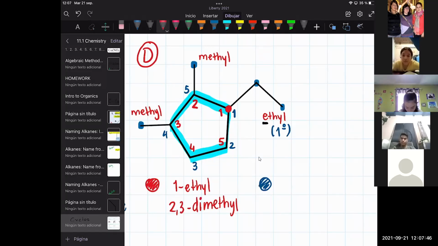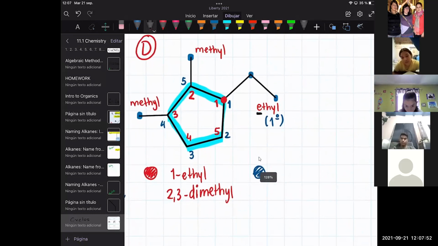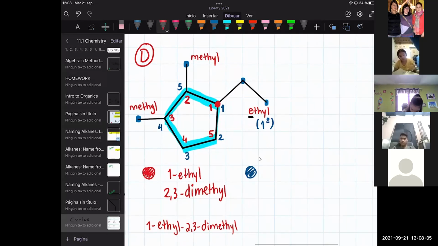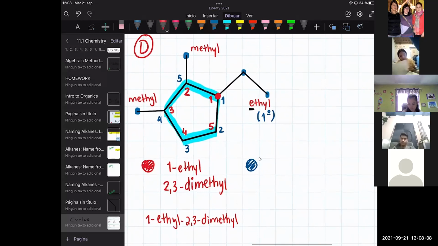So if you want to name it by using the red path, it's going to be 1-ethyl, 2,3-dimethyl, and then the name of the parent chain, because we have a 5 carbon cyclo, cyclopentane. That is the red path.